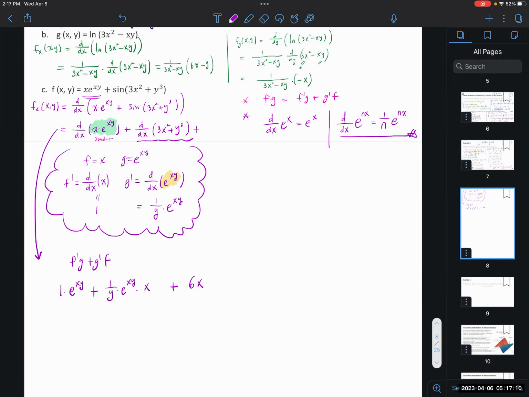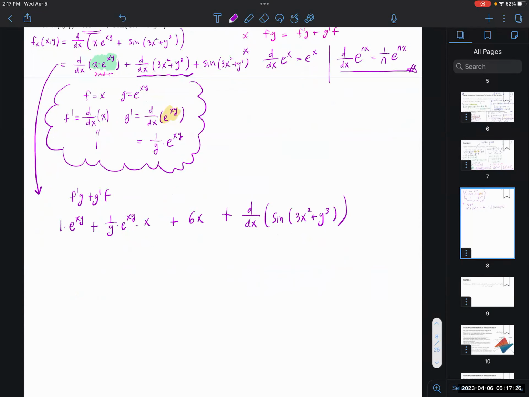And then we still have sine of 3x squared plus y to the third. So I'm gonna write there. We need to do d over dx of sine of 3x squared plus y to the third. So let me just rewrite them. e to the xy, we have x times e to the xy over y, 6x.